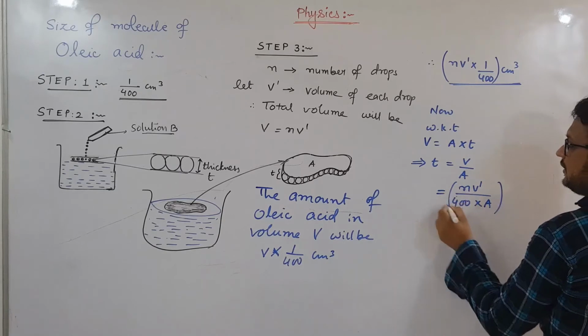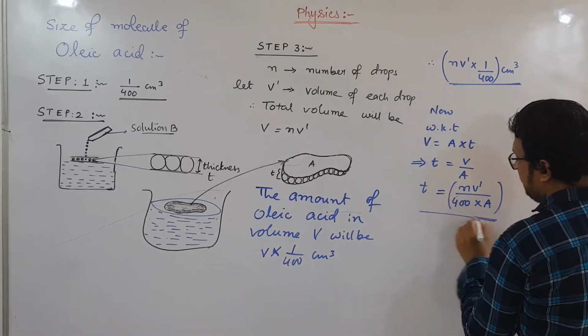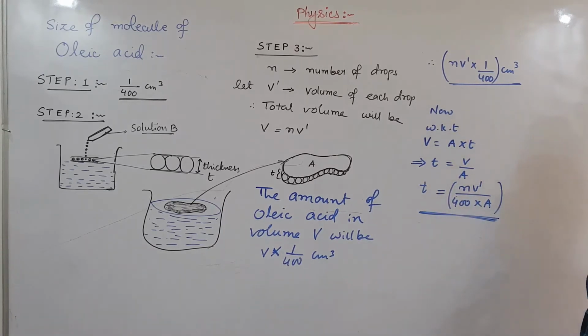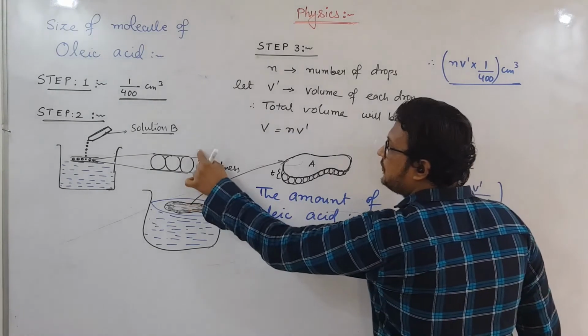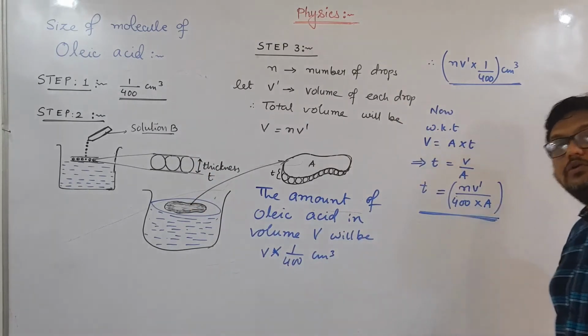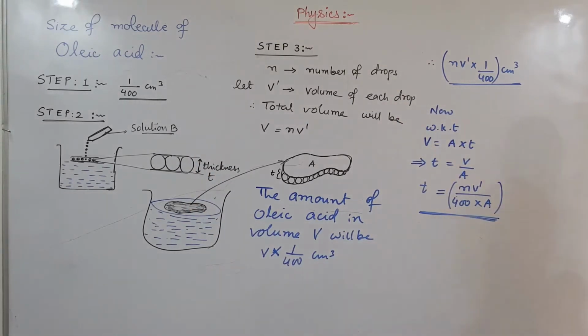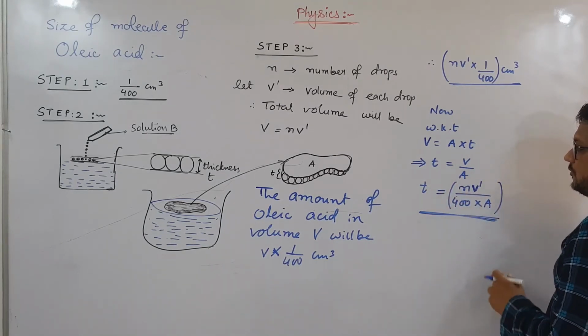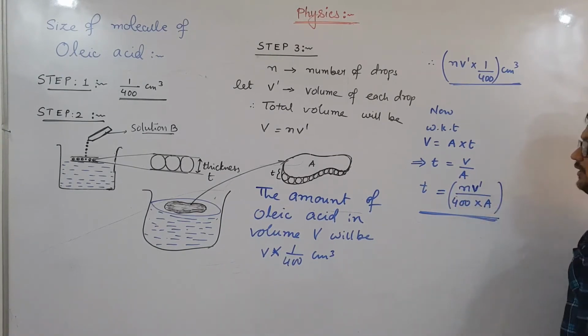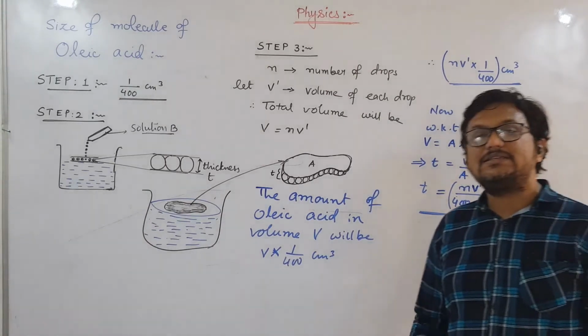This will be the thickness of the oleic acid, or you can say the diameter of the molecules of oleic acid. Now the problem is we have to find V dash, and area. It means we have to find the volume as well as the area.